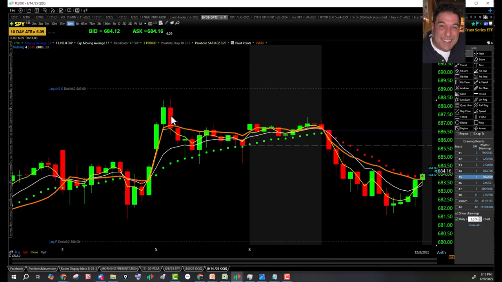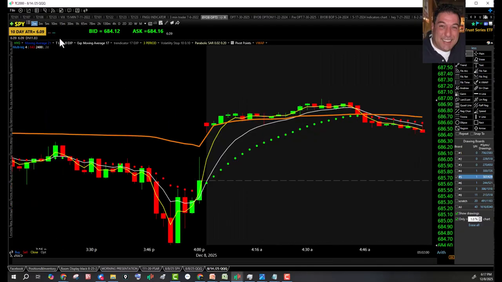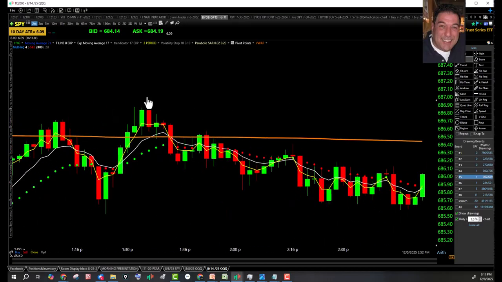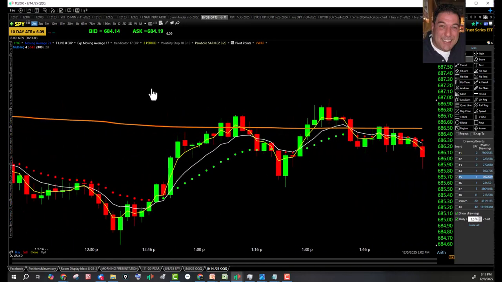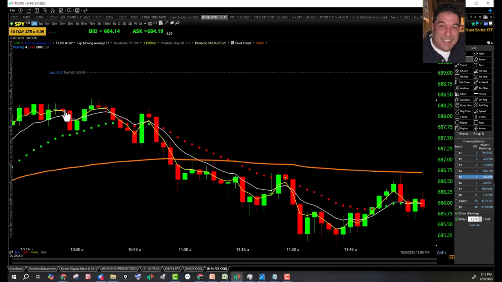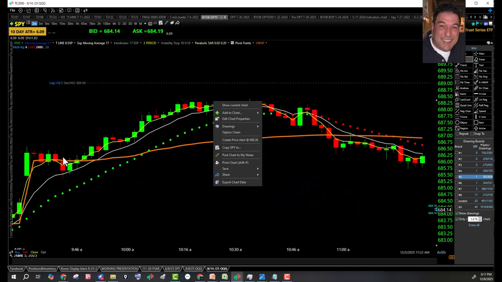Oh, but wait. How about the 2-minute candle? Let's take the 2-minute candle at 10 o'clock. You're going to see that VWAP is probably going to be a different number. Here's the 2-minute candle.